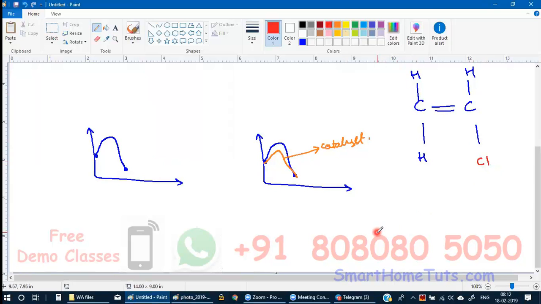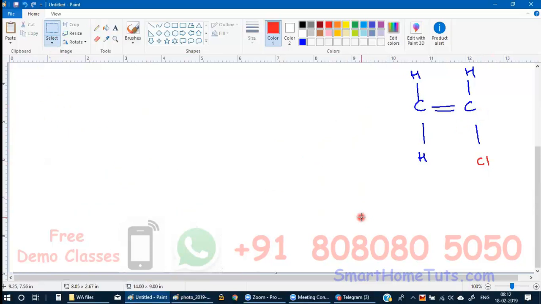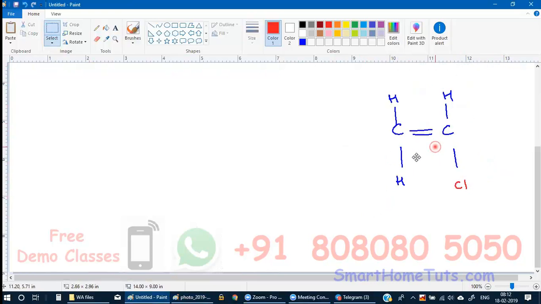That double bond will not break, except when it is going to become PVC, polyvinyl chloride, when it is going to get repeated. Or when we add steam to it, then it becomes ethanol. So it breaks the double bond. Here it is not going to become ethanol because chlorine is there.